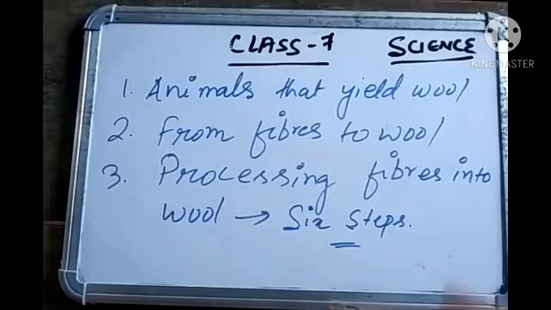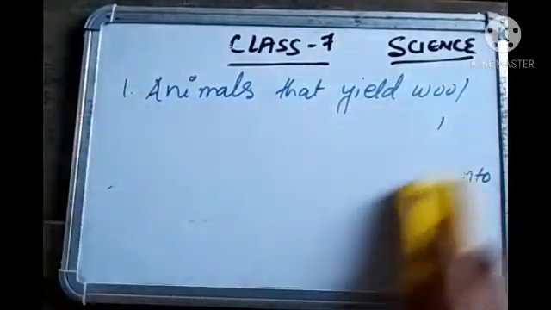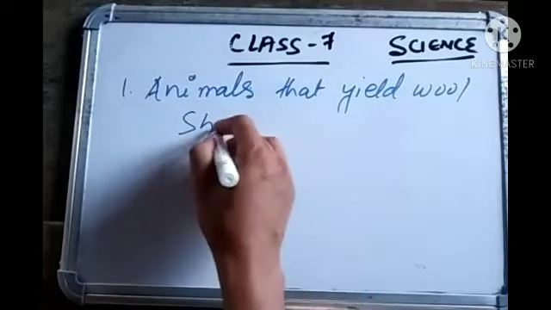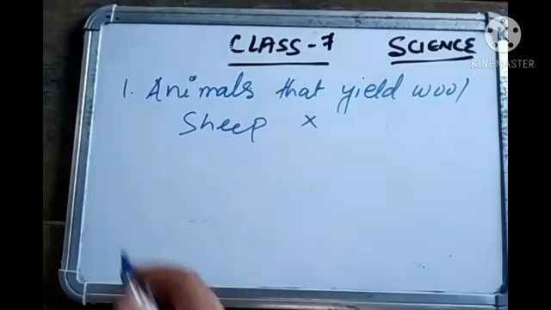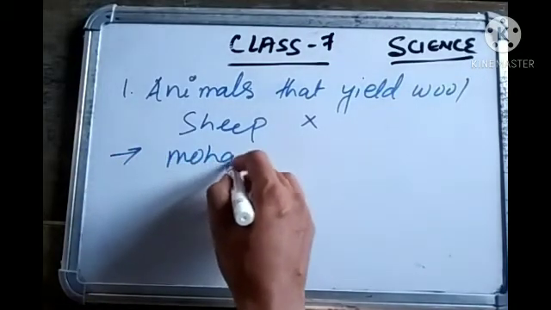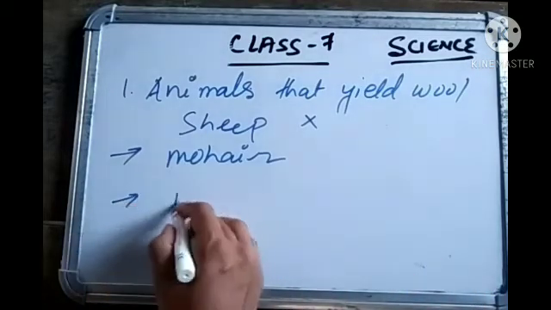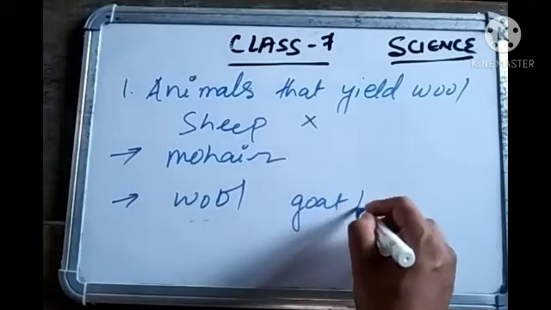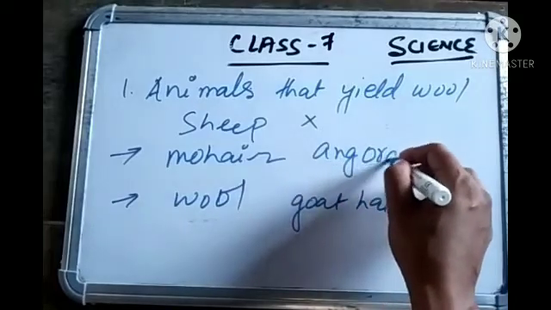We are going to discuss each and every step of processing fibers into wool, and we'll start with the animals that yield wool. Sheep is not the only source of wool. In your textbook, mohair is obtained from Angora goats.